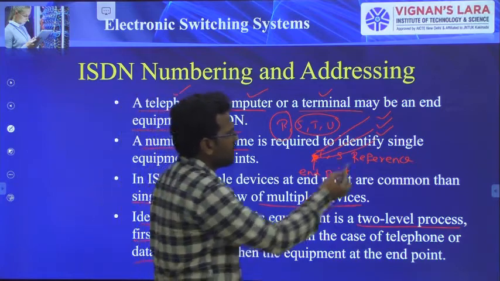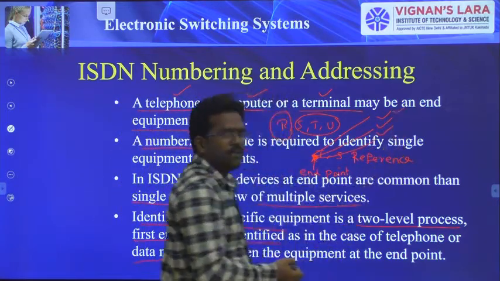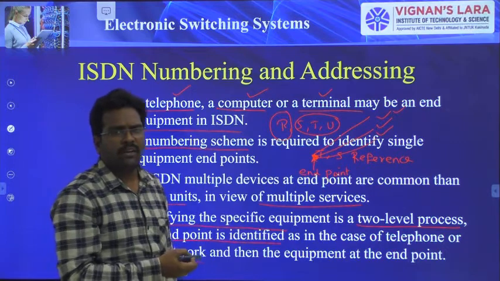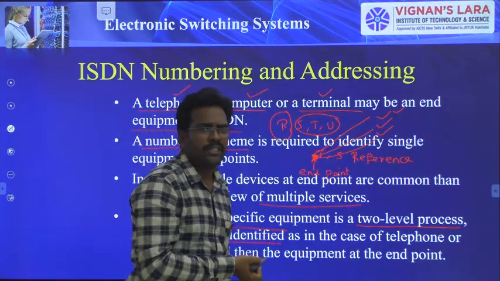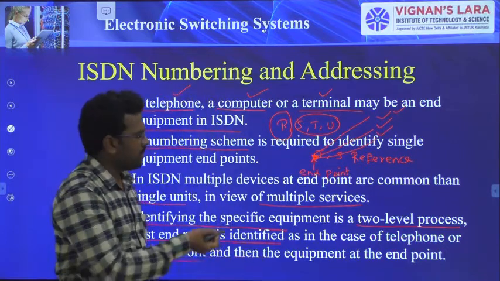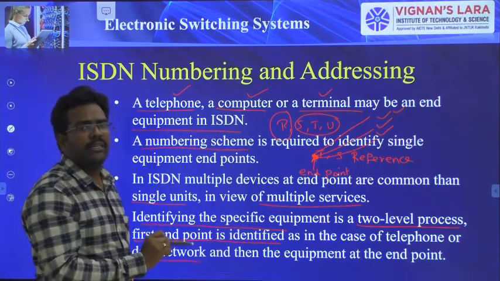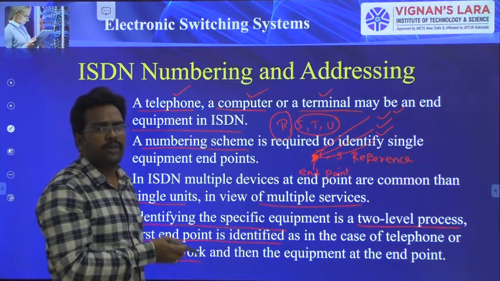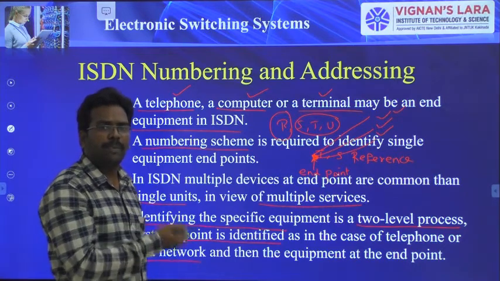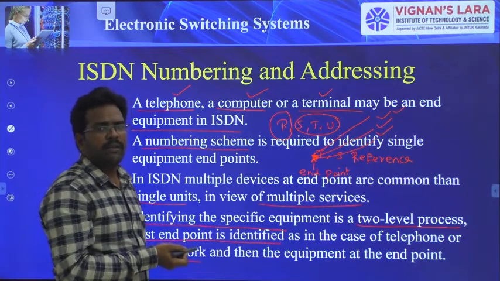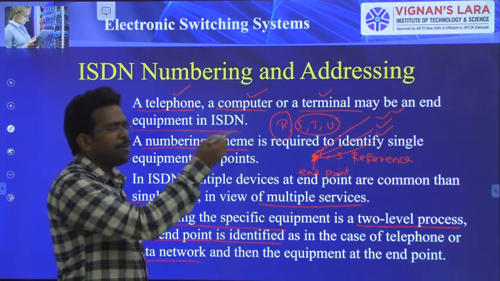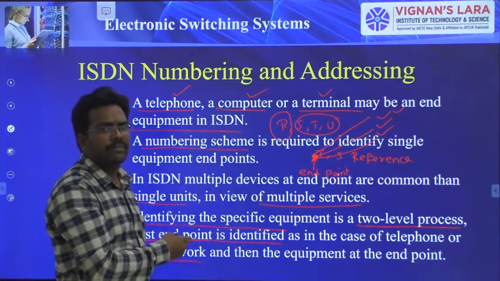That equipment may be a computer, a telephone set, or a fax machine. So to identify the end equipment, it requires a two-stage process: first identify the endpoint, and in the next phase identify the end equipment connected to this endpoint.